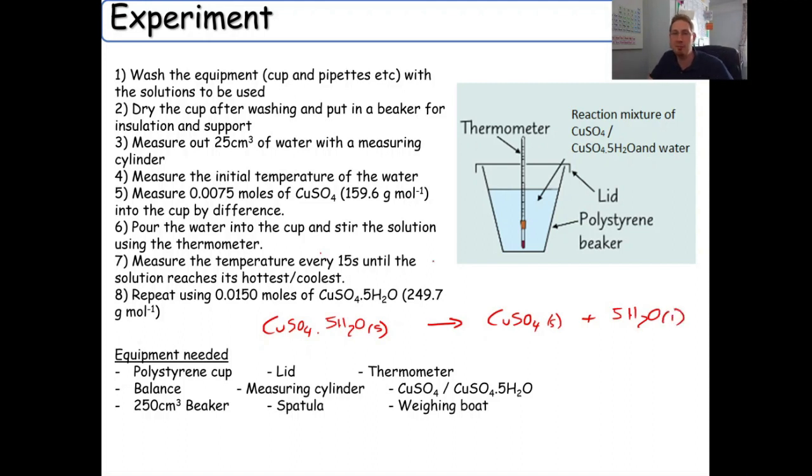Now, the problem with measuring this enthalpy change directly is you need to heat it really strongly on a Bunsen flame to make this happen. And trying to measure a small energy change when you are heating something extremely strongly is very, very difficult. So you actually found this enthalpy change in a different way.